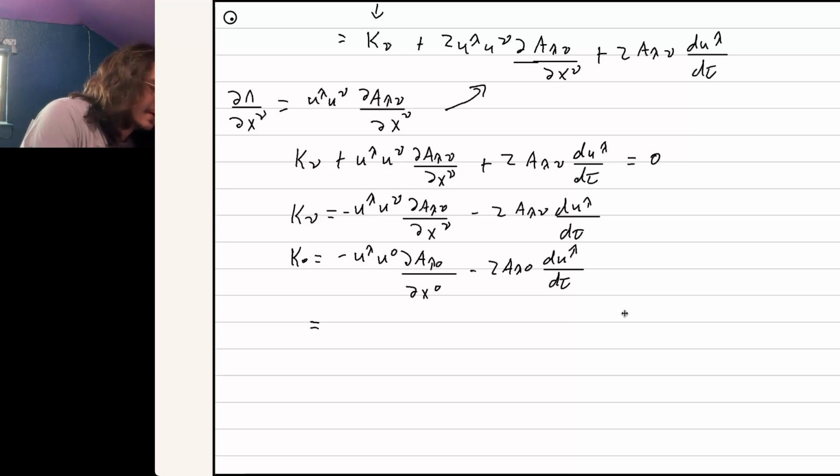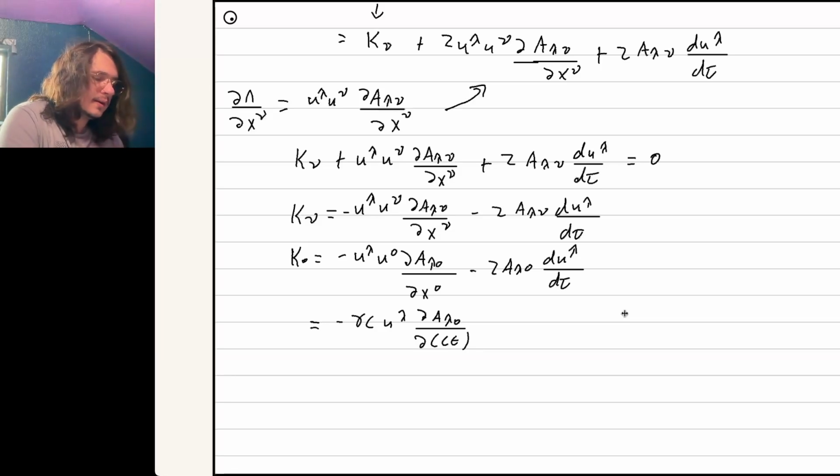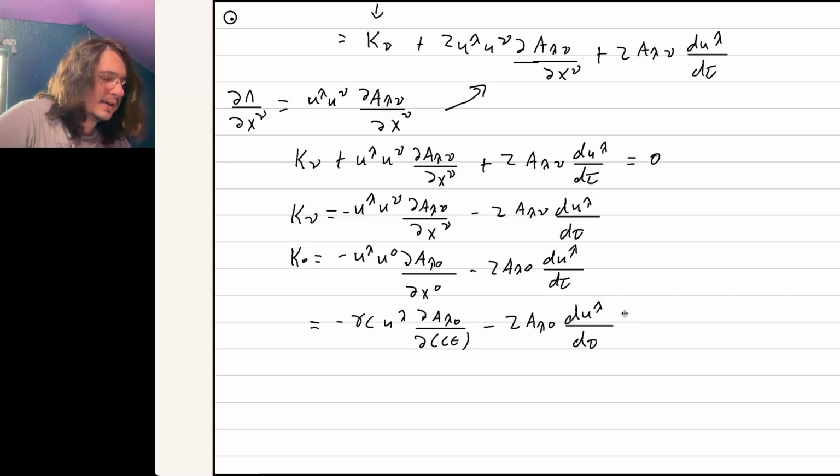So you're talking about doing minus gamma c u^lambda del a_lambda 0 del ct. You still have to sum over lambda, so I think this is the simplest it gets without knowing what lambda is, or without knowing what a is, I guess.